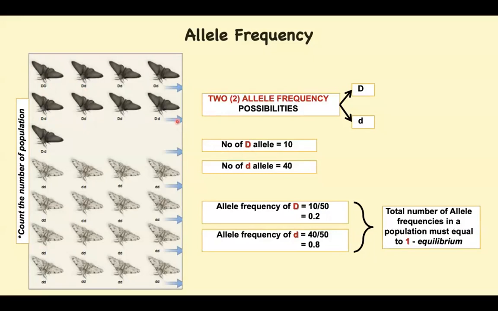This is allele frequency. D besar ada berapa? So 1, 2, 3, 4, 5, 6, 7, 8, 9, 10. That's why the number of D besar allele is 10. Okay, next is number of D kecil allele is 40. Okay, 40 kenapa 40? Banyak sangat you rasa. Padahal moth kat sini ada 16 saja.